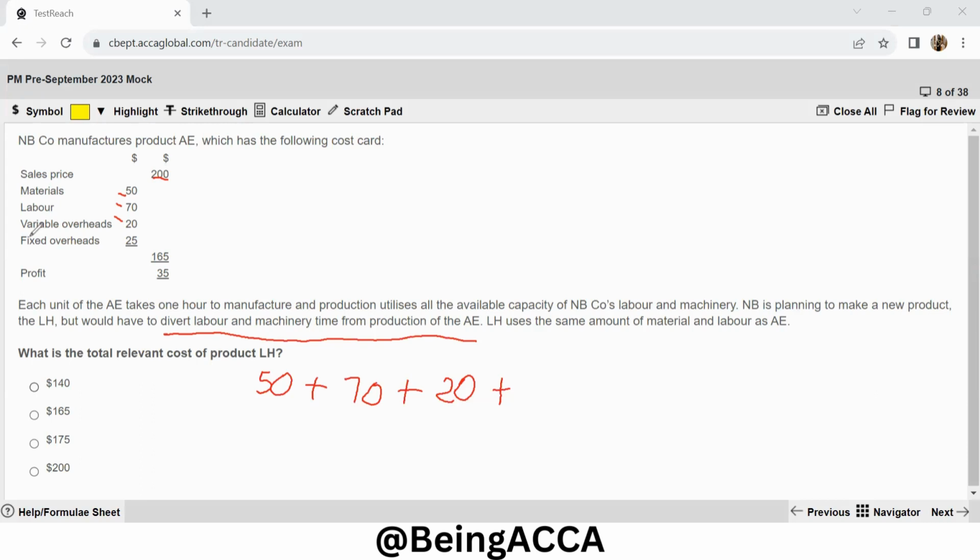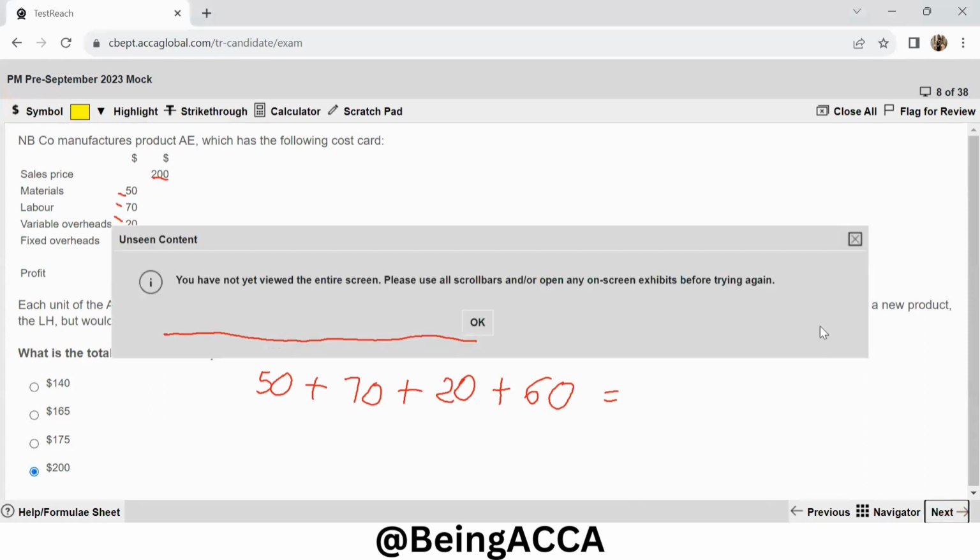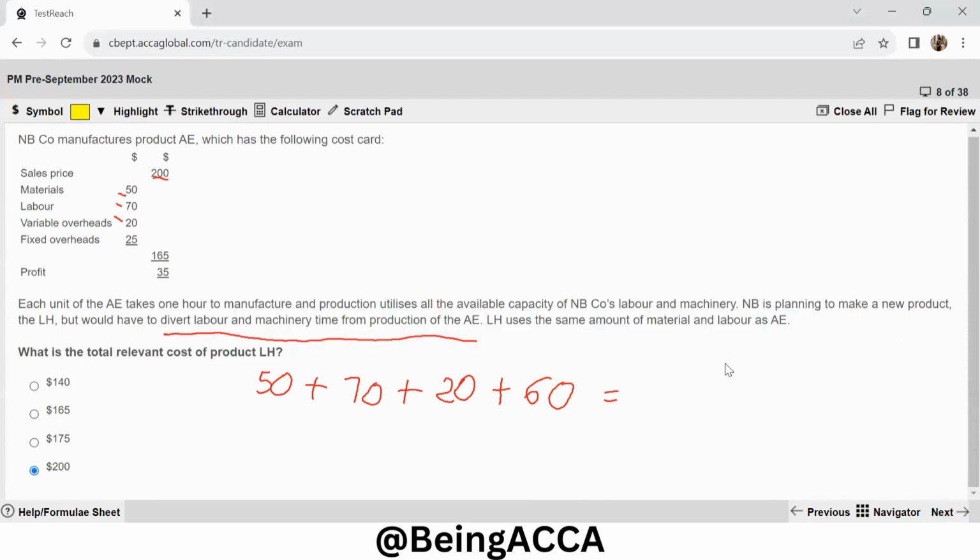So 60 is my lost contribution per unit. If I add all of these up, I will get my relevant cost. So this will come out to be 50 plus 70 plus 20 plus 60, and this comes to be 200. So I will just mark 200 over here and I have my answer. Moving on to the next question.